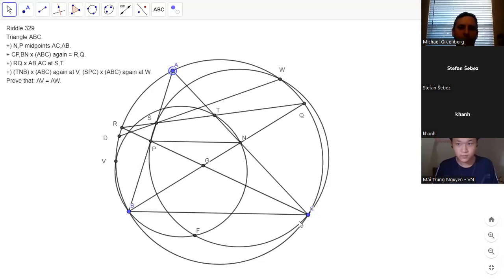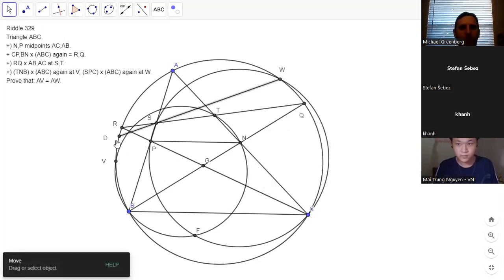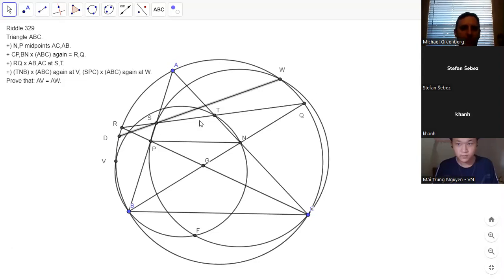And so that would mean that CD is a symmedian. So maybe we could define a D prime so that this is a symmedian and then show those are collinear.